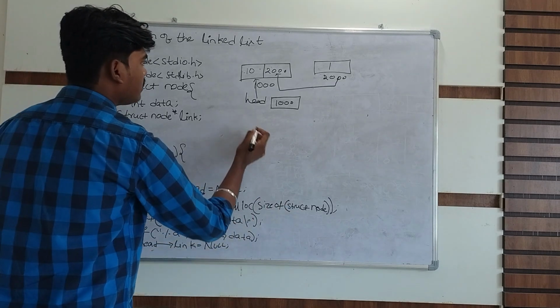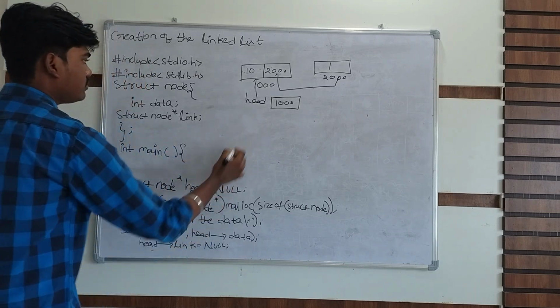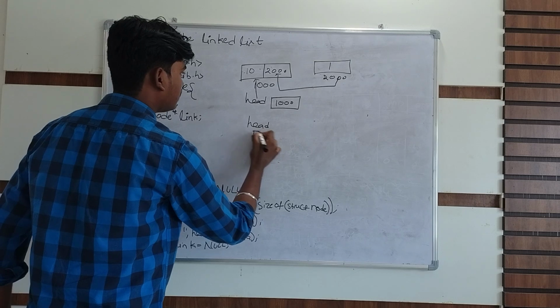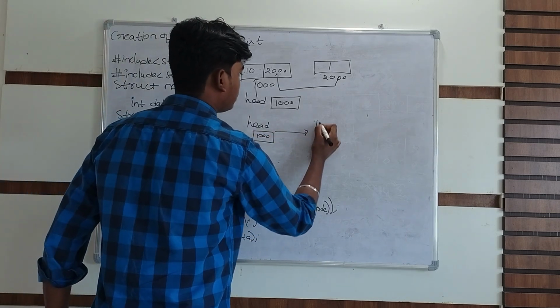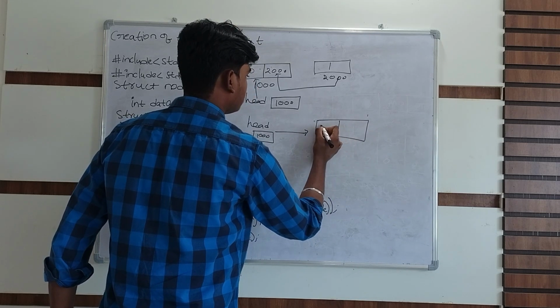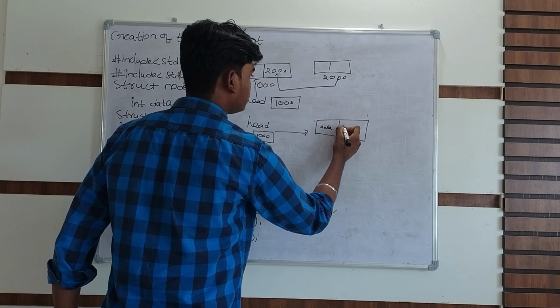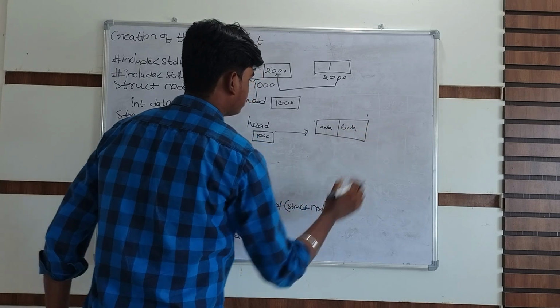Here we are entering the data. For example, head 1000 points to the data and the link part, or the address which is linked to another address.